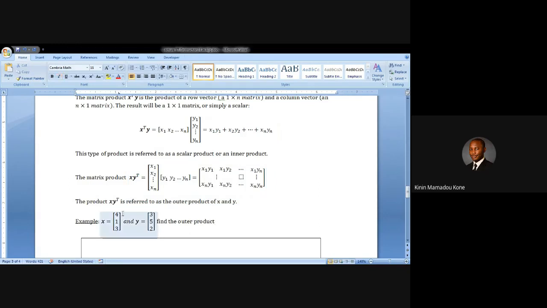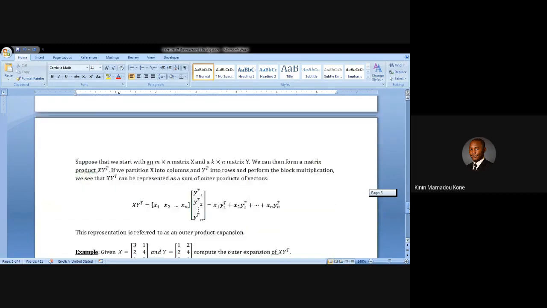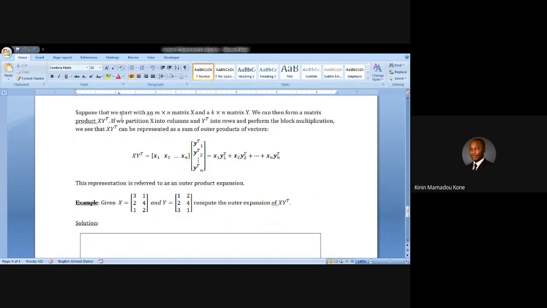Now I think we've already done this example in the notes. This is what I did a few seconds ago. So suppose that we start with an M by N matrix X and a K by N matrix Y. We can then form a matrix product X times Y transpose.